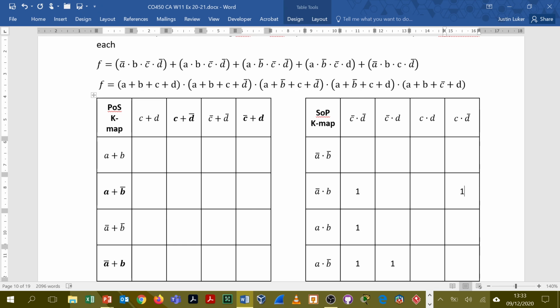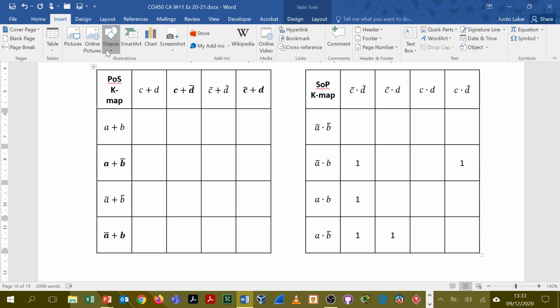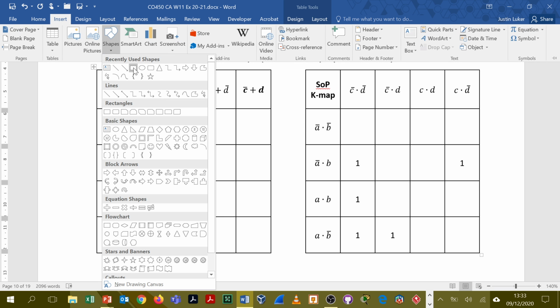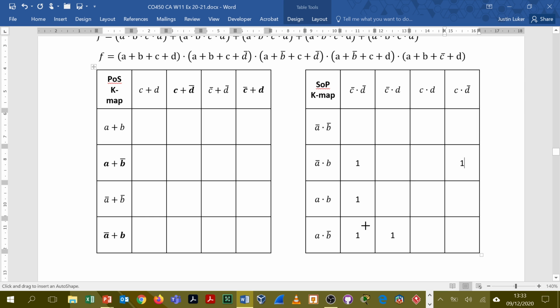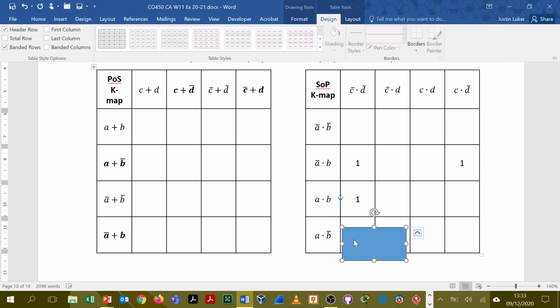So let's see now if we can make prime implicant groups with those. I'm just going to draw a shape around them to indicate the groups. We're trying to make the largest groups we can. So there's just two, so we can make a group.